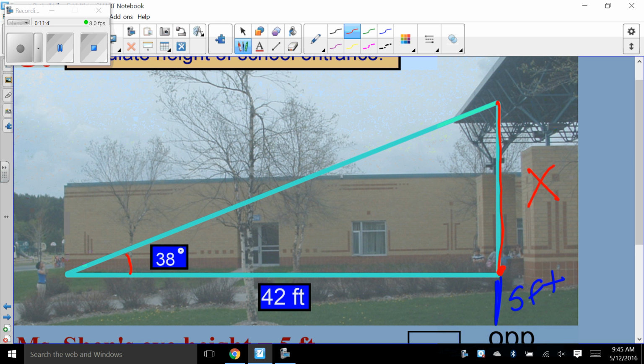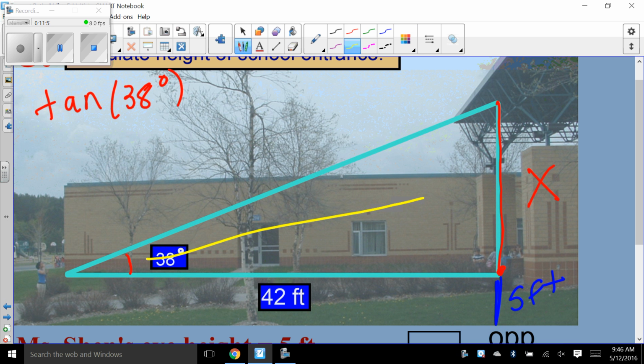Same thing, astrolabe, she's looking up to the top of the school entrance. She has the tangent of 38 degrees. Remember, we use that acute angle, that tiny little angle, and the opposite is x, because we don't know the height, divided by the adjacent, the side length that's touching. This time it's 42 that's touching.